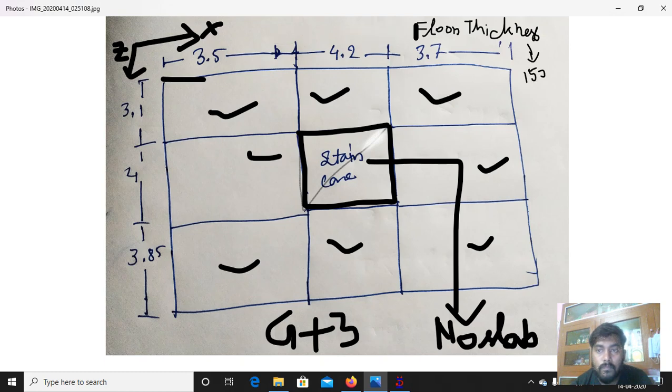Consider we are creating a floor thickness of 150 mm. So what is the load that is coming from the slab to the beam? What will the floor load be?